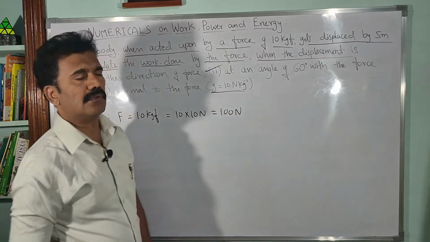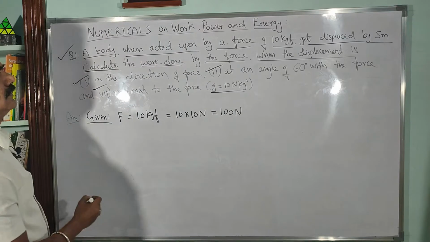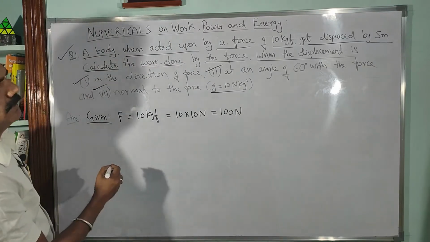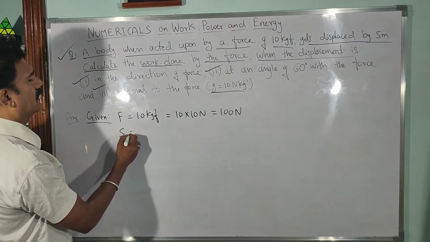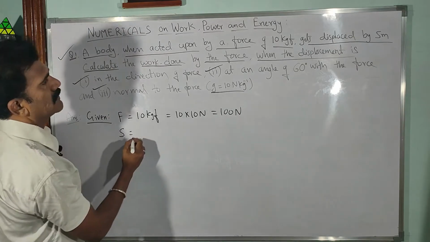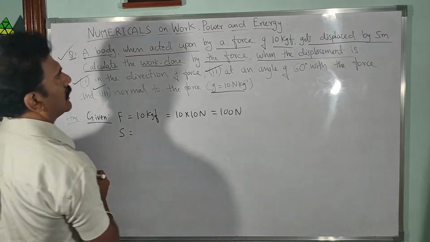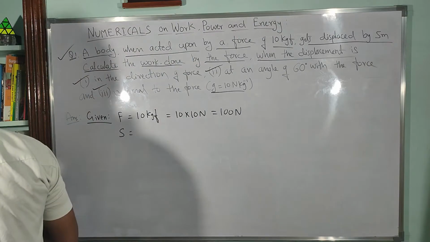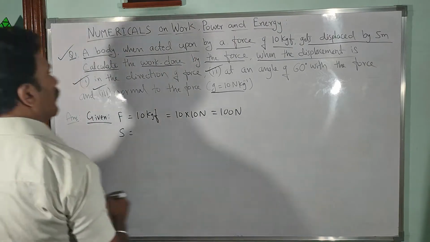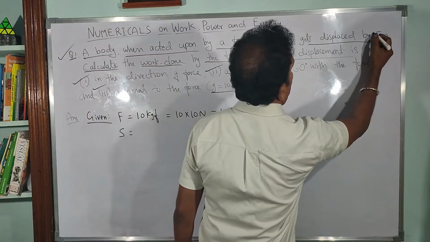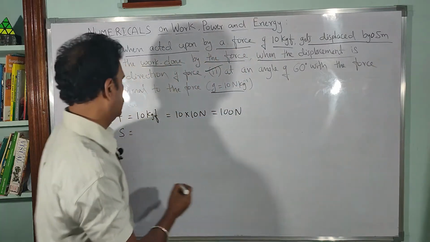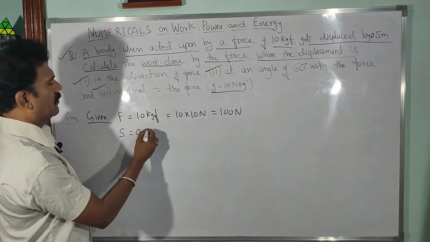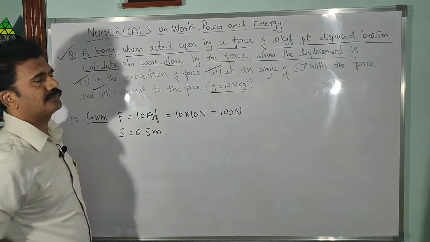So the applied force is now 100 Newton. Displacement is given. You can take S is equal to 0.5 meter. The value is not 5 meter, it is 0.5 meter. So S is equal to 0.5 meter.